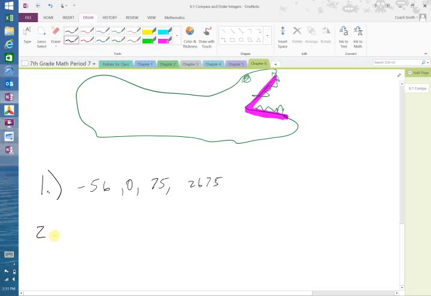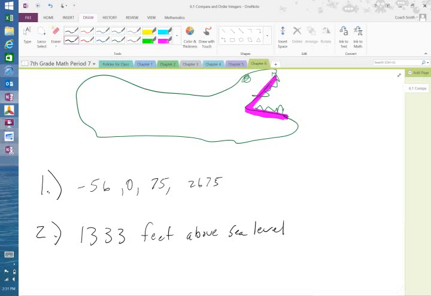Now, look at number 2. Number 2 has 1,333 feet above sea level. Now, the directions tell you to write the integer that represents that situation, then write the opposite of that integer.